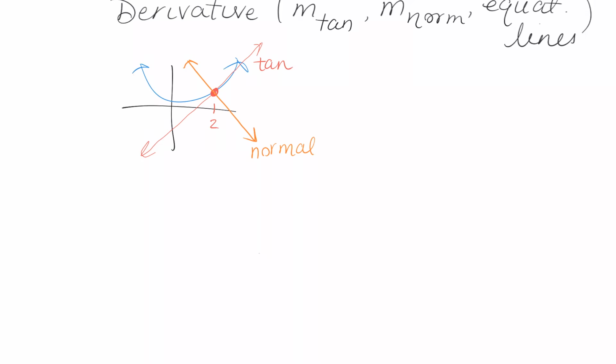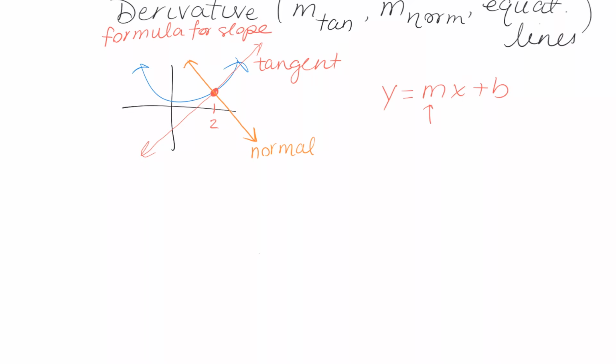So each of those can be written, they're linear lines, so they both would have an equation, which is y equals mx plus b, and they would both have a slope, right, that we can find. And that slope comes from the derivative, because remember, a derivative is a formula for slope. Formula for slope.